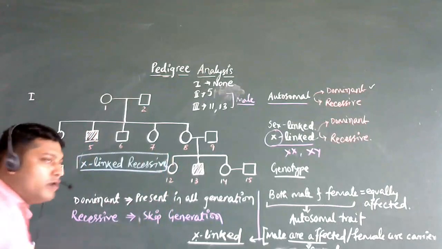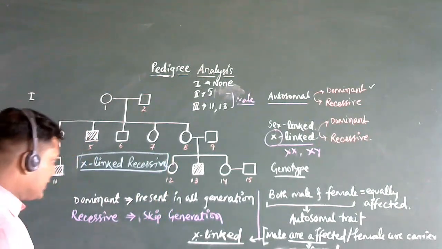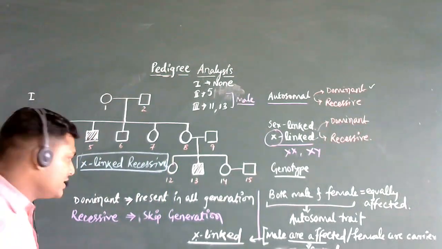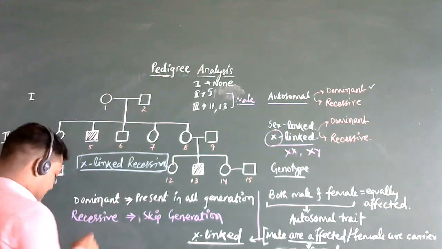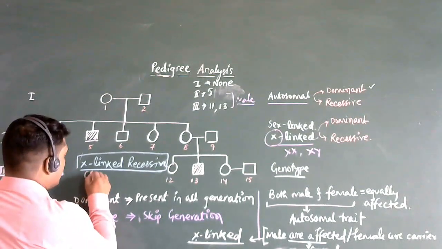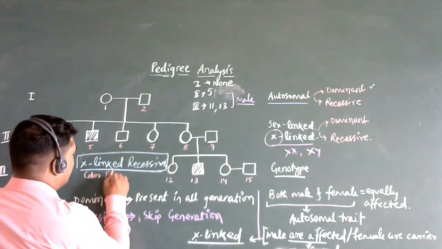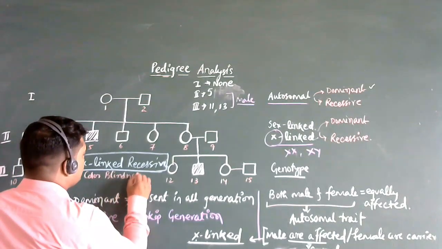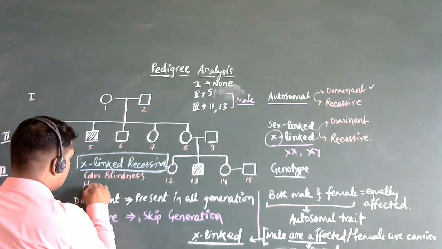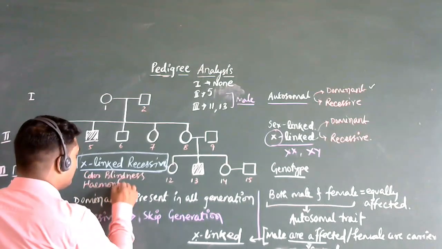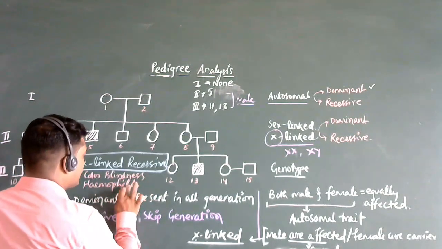And you all know from your theory that there are two examples of that you have already learned about. One is, for example, color blindness, and also hemophilia.